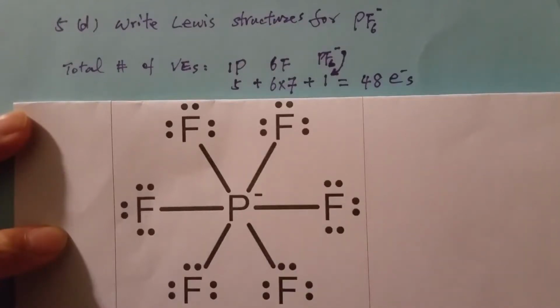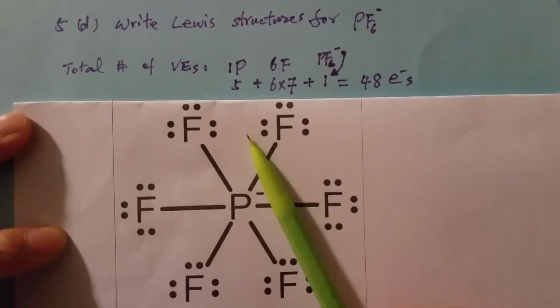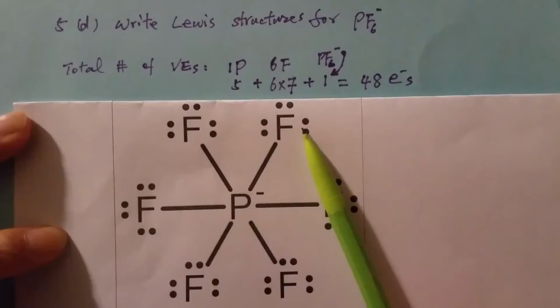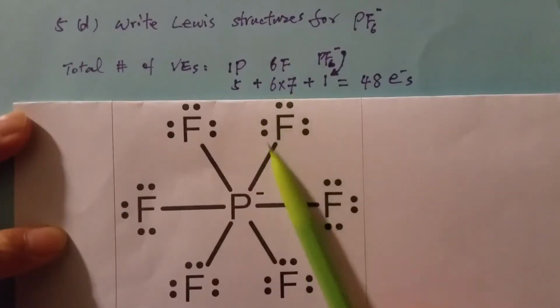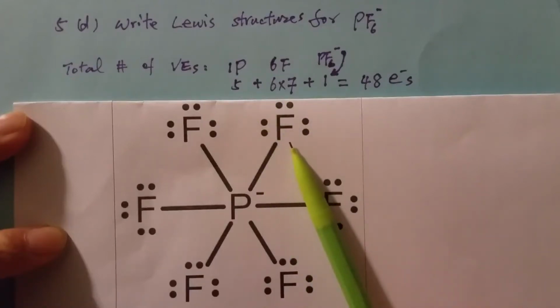Another point I would like to make is about atoms. When they form chemical bonds, or even when they exist as an atom or ion, they would like to assume the octet structure, 8 electrons.